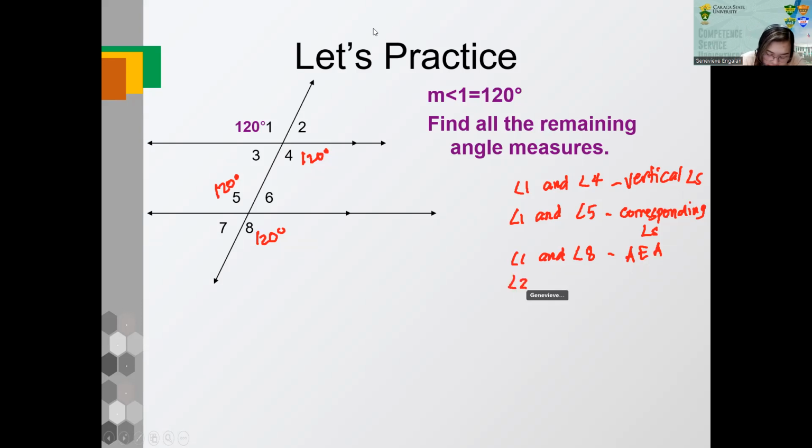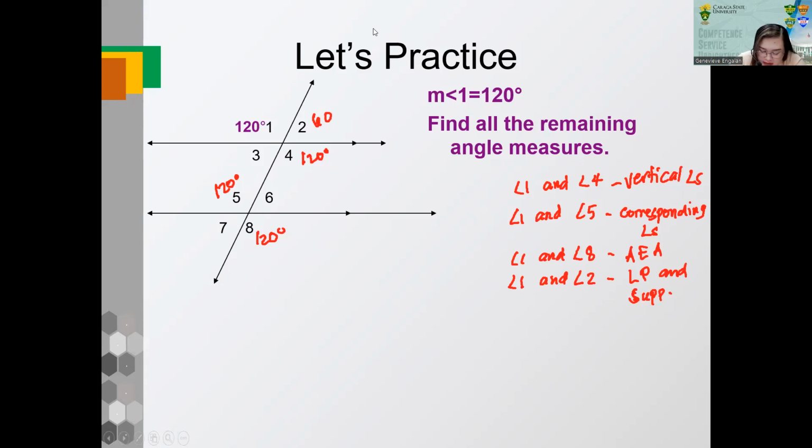Nganong 60 man ang angle 2? 180 minus 120, ma'am. Nganong makaingon man og 180 minus 120? Because they are a linear pair and they are supplementary. So this is 60.